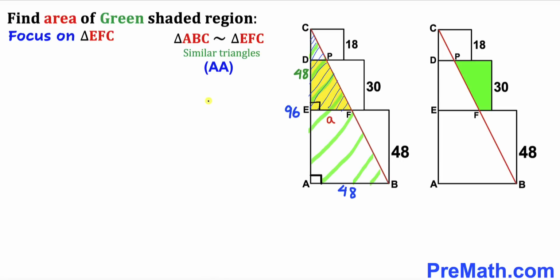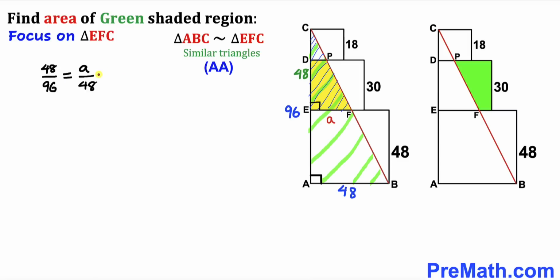So therefore we are going to have a proportion. In other words, the ratio of 48 to 96. Let me go ahead and write down 48 divided by 96 is going to be equal to the ratio of this lowercase a to 48. Let me go ahead and write down lowercase a divided by 48.